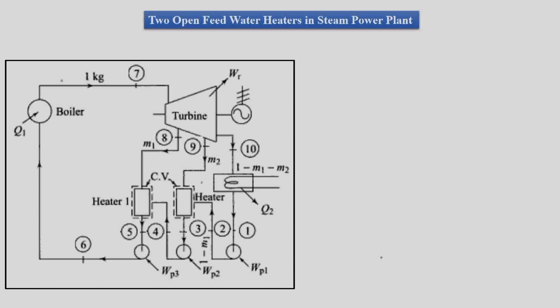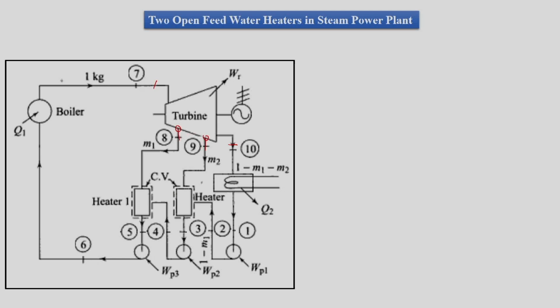Now moving ahead, we might have an arrangement where we have two open feed water heaters. So we have expansion of steam taking place from state 7 till state 10, but in between we have two states, 8 and 9, from where we take bleed from the turbine.